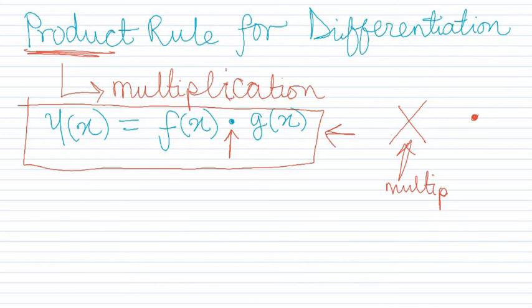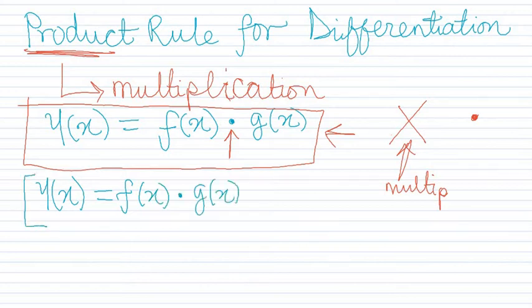Now let's imagine that this y of x is f of x multiplied by g of x. Now we're going to differentiate this. And what do we do whenever we differentiate? We differentiate the function with respect to x, or with respect to the main variable. In this case, the main variable is x.